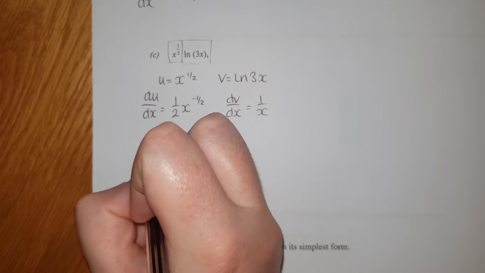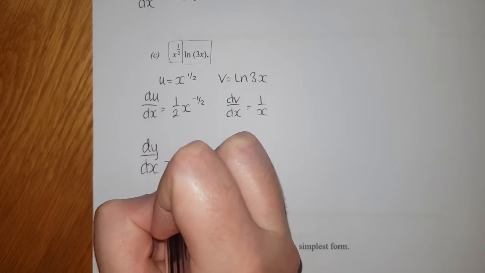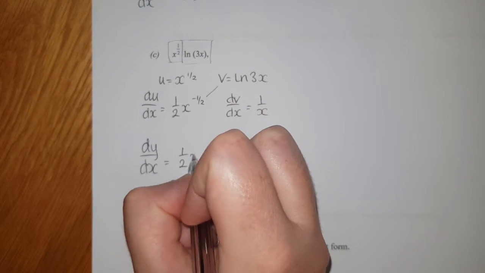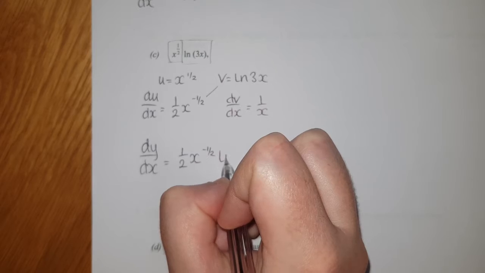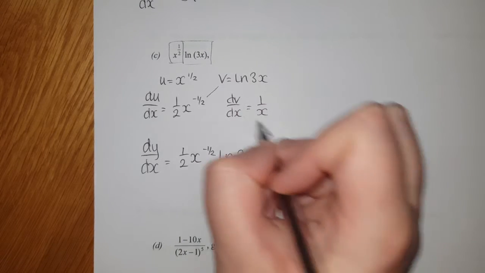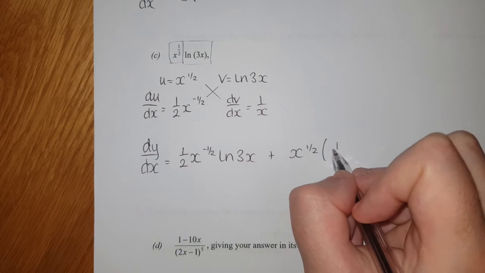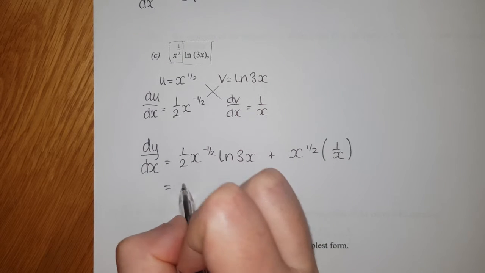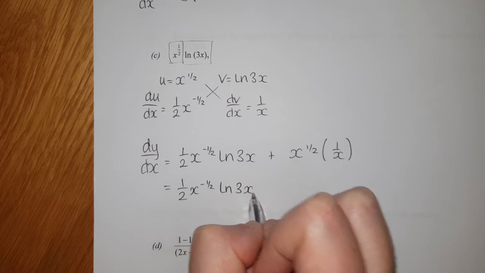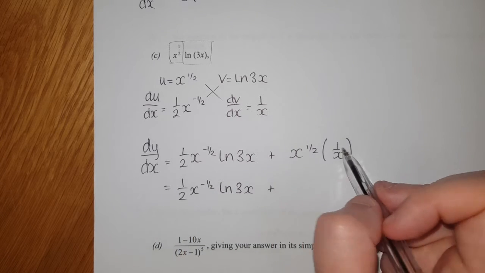But that means product rule for dy by dx is v du dx. You just chuck this in front. So it's a half x to the minus a half ln 3x, plus, and then you've got x to the half multiplied by 1 over x. Just for the sake of tidying that second bit up, remember this is x to the power of minus 1.